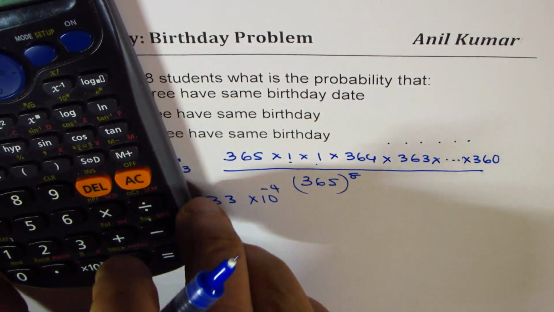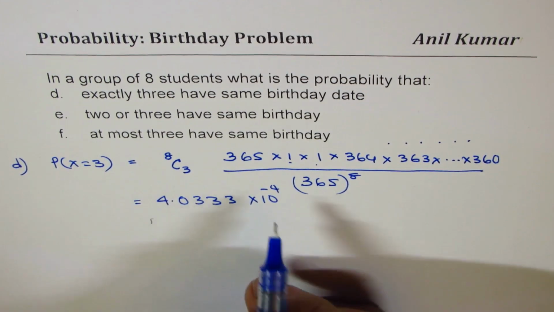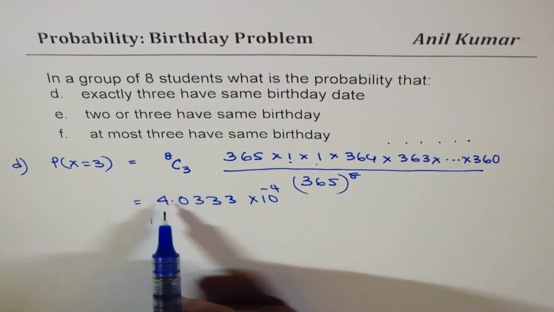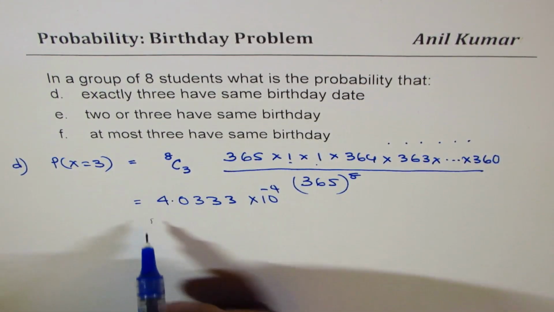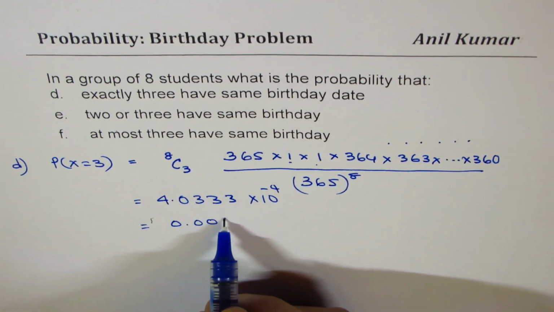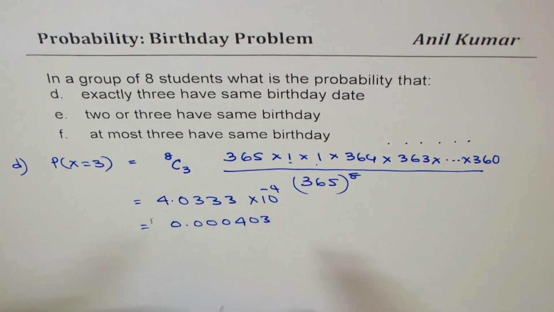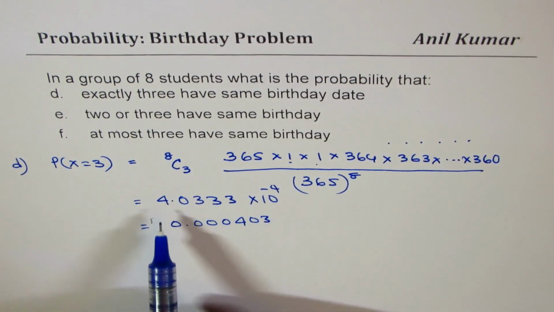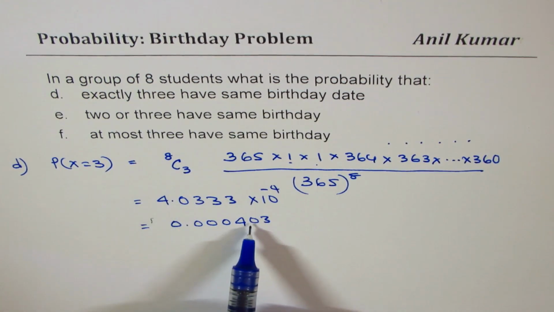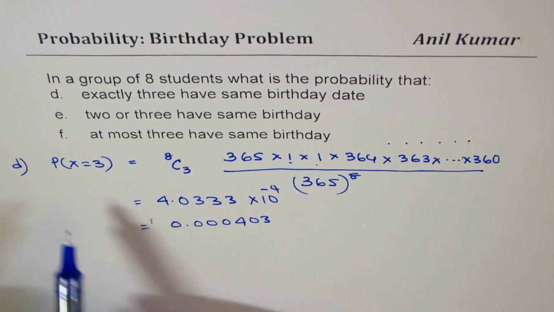Is it okay? So that is the probability for 3 persons having a birthday on the same date. So it is 0.000403, something like this.